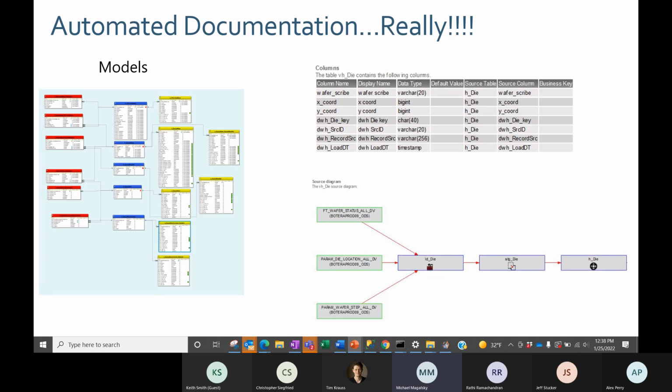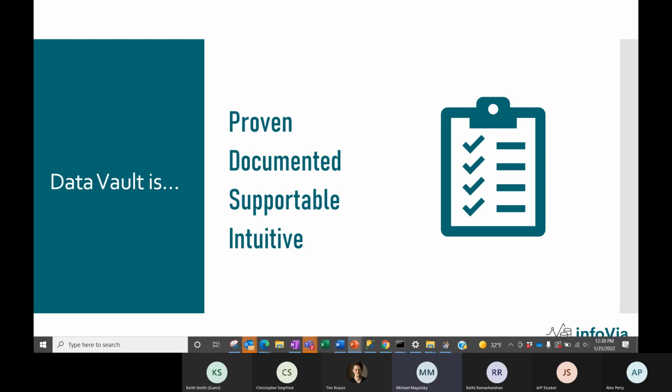And if it's accurate and up to date, then people will use it. And that makes your data warehouse more user-friendly and more transparent. They'll trust it. If they can go in here and easily see the lineage to build their data objects, or see the transformations that take place to implement their business rules, then it's easier for them to consume that data, and easier for them to trust.